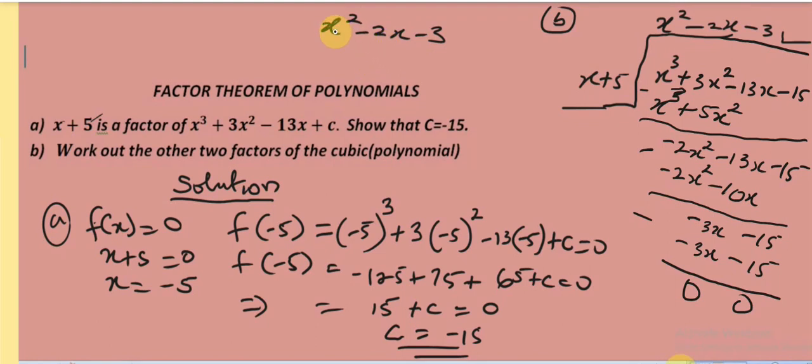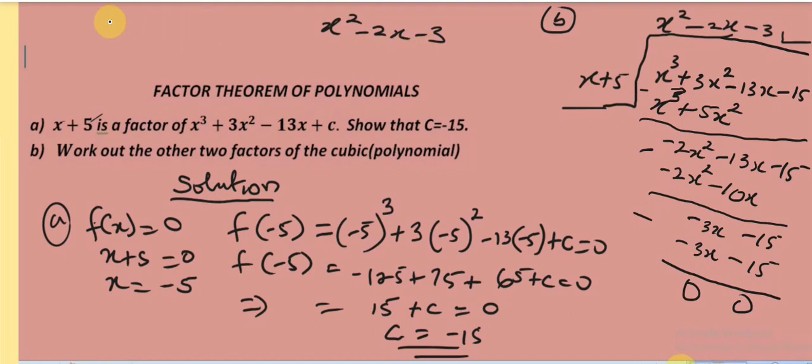So now this is a quadratic expression. Remember, x plus 5 is a factor already. So I'm going to factorize this to get the two remaining factors. Factorizing this, I'm going to look for two numbers that if I add them, I'll get minus 2, but if I multiply them, I'm going to get minus 3.